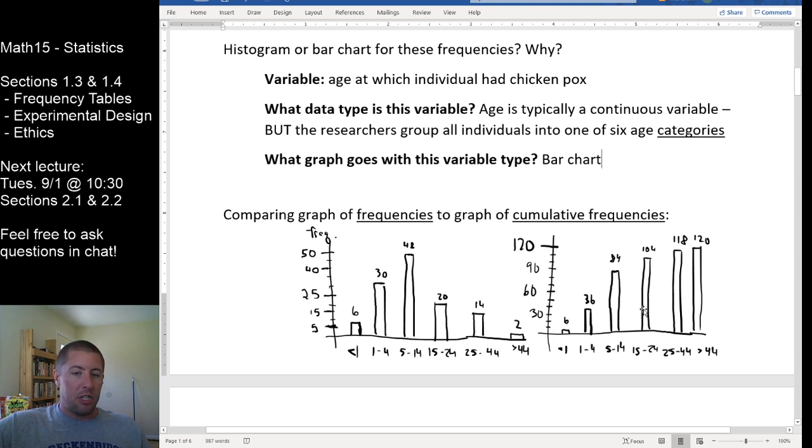What we've established here is that this column right here for up to age, from age 15 to 24, this says to me, by the time you reach the end of age 24, you have a 104 out of 120 chance of having had chickenpox, right? So I like to make statements here that are cumulative statements. Most all people by this point in time have experienced this.